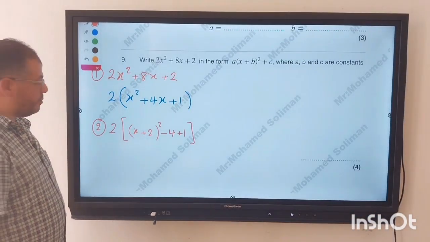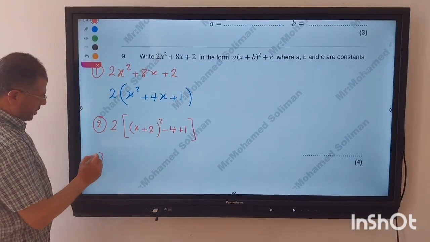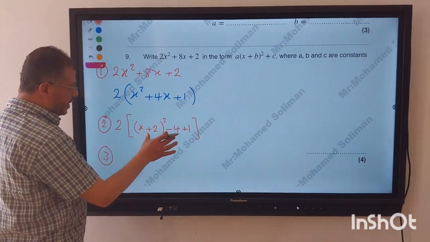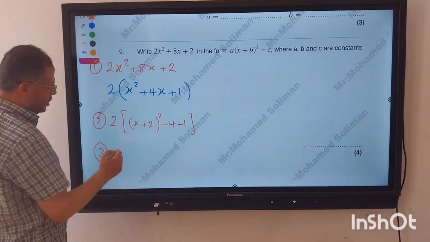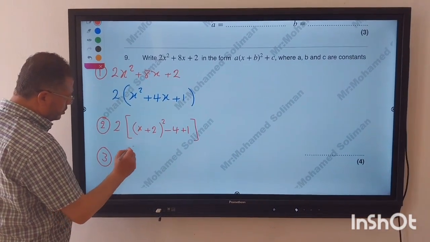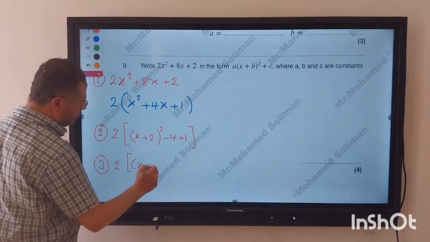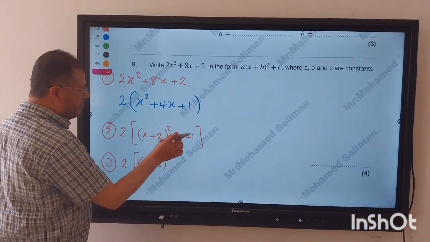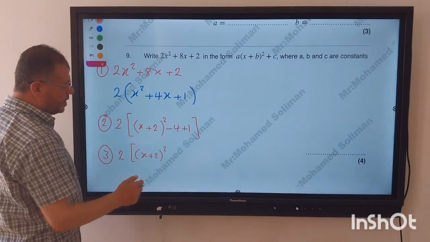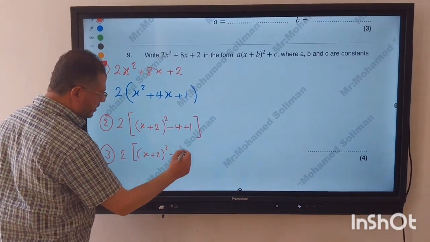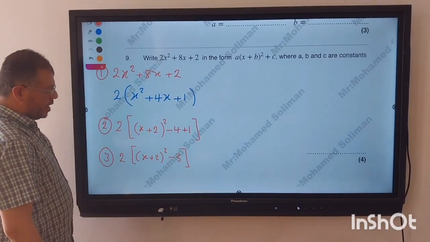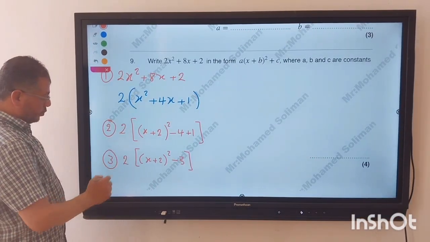Third step, I want to simplify. Why simplify here? We will simplify what is inside the bracket first, then we will expand. So it becomes equal to 2 times x plus 2 power of 2, minus 4 plus 1, it will be negative 3. Don't forget to expand the 2.